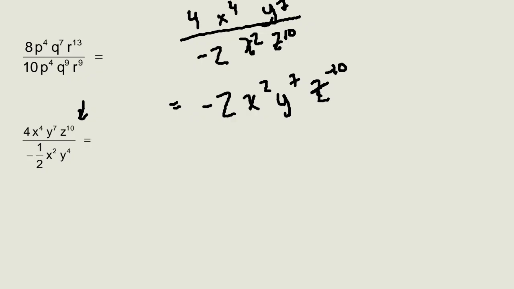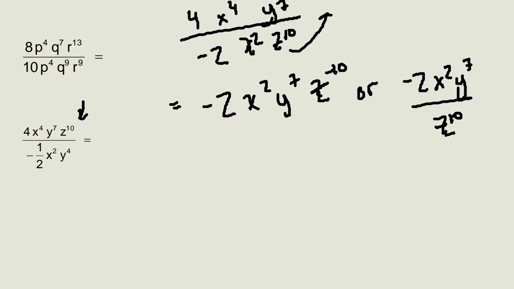Or you could have kept it as negative 2 x squared y 7, and just kept that z10 on the bottom. Totally fine with that answer as well. Just if it's on the bottom and you want to bring it up, it has to become a negative because that's that rule. So usually there's one of those on the assignment, so I wanted to cover that.